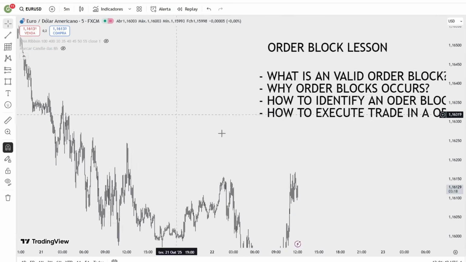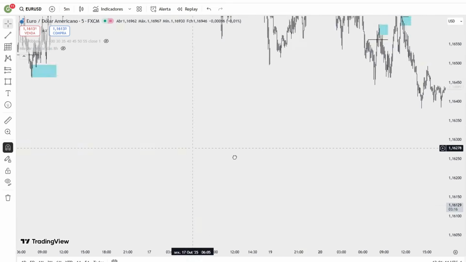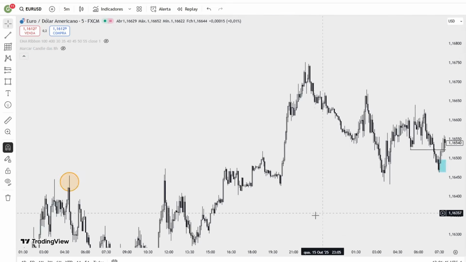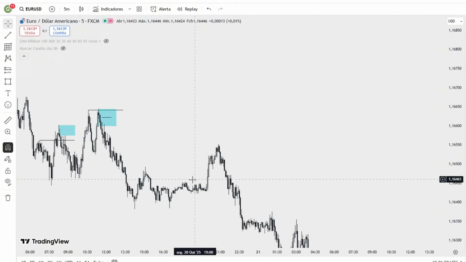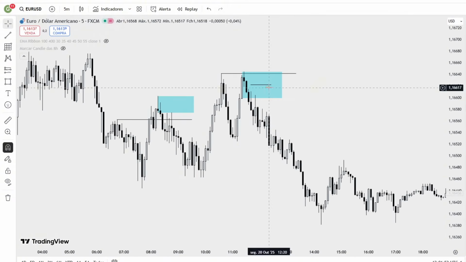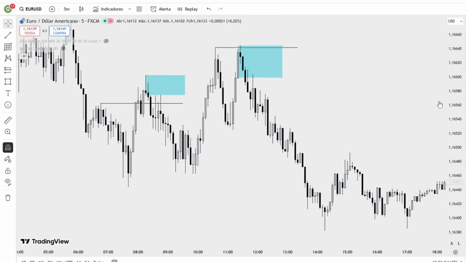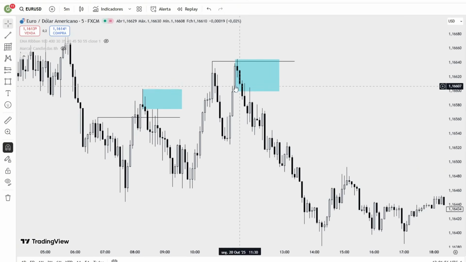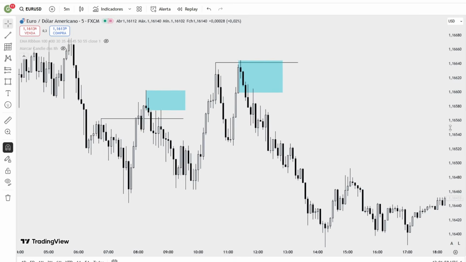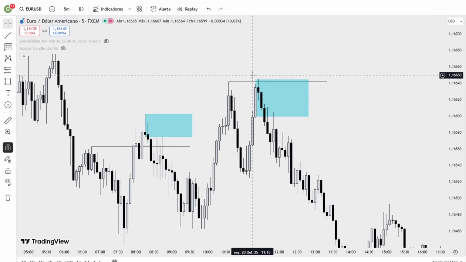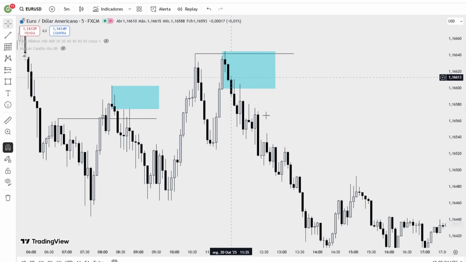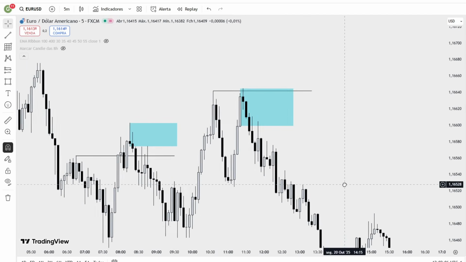I think I covered it all for you guys. And how to execute the trade? Yeah, I missed that. Executing the trade is pretty simple. I gave you these examples. You execute the trade by simply waiting for the price to close out of the order block. You see this manipulation, you expect the price to push lower, to distribute.